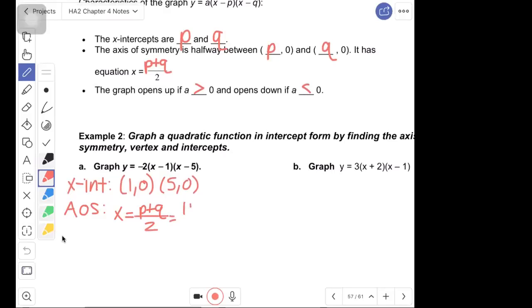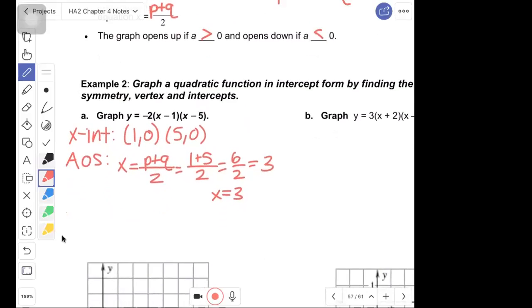We would have 1 plus 5 divided by 2, which is then 3. So our axis of symmetry is x equals 3.